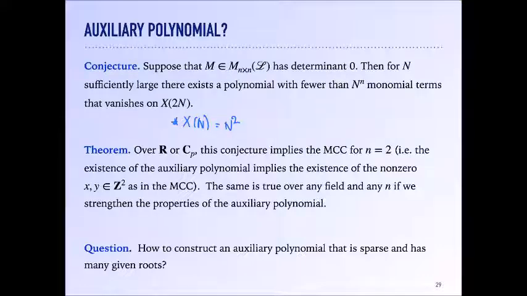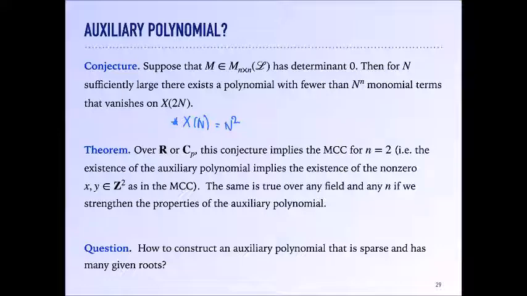And the same is true if you beef this up a little bit. If I impose some extra conditions on the exponents appearing in this polynomial that's sparse, or a fewnomial, to use the language that others have used for these kinds of polynomials with fewer monomial terms than you would expect given their vanishing.